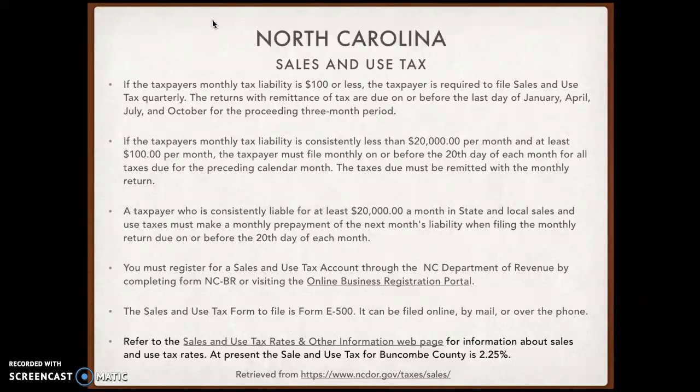The sales and use tax form to file is Form E-500. It can be filed online, by mail, or over the phone. Refer to the Sales and Use Tax Rates and Other Information webpage for information about the sales and use tax rates. At present, the sales and use tax for Buncombe County is 2.25%.